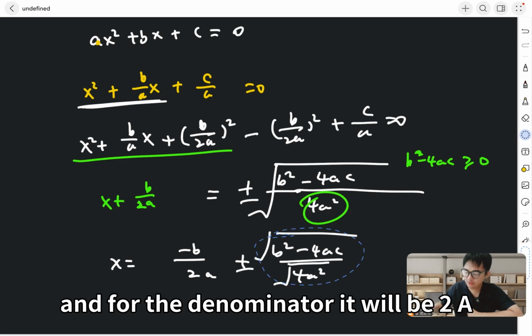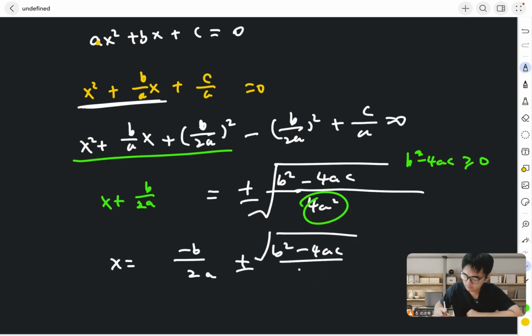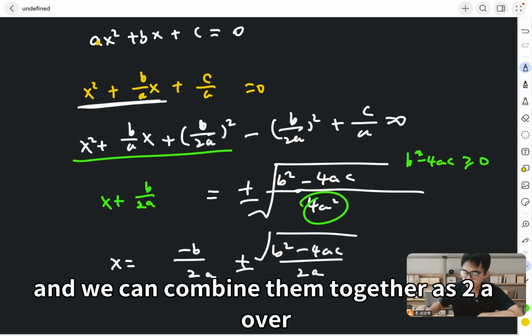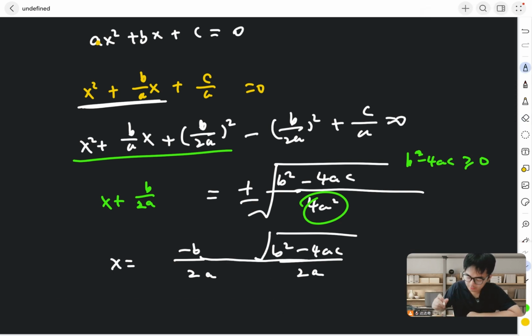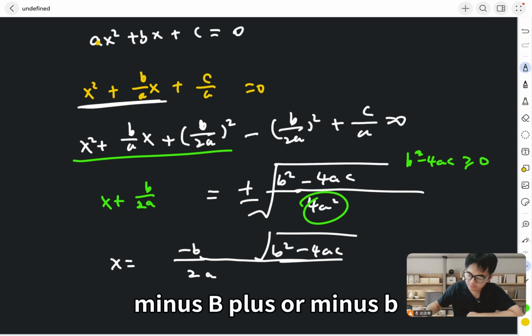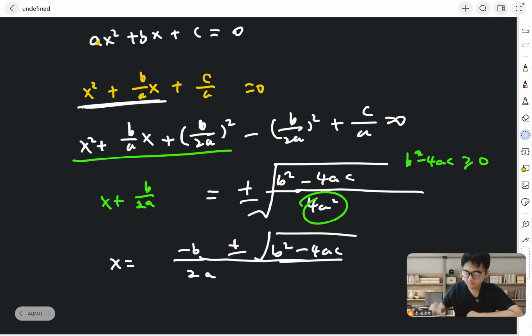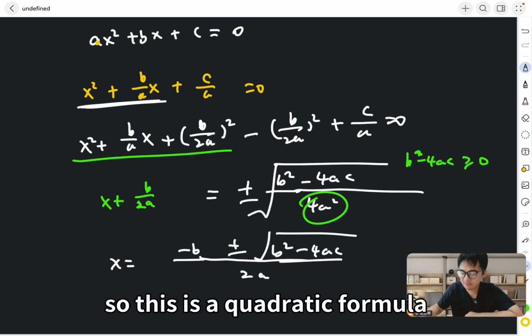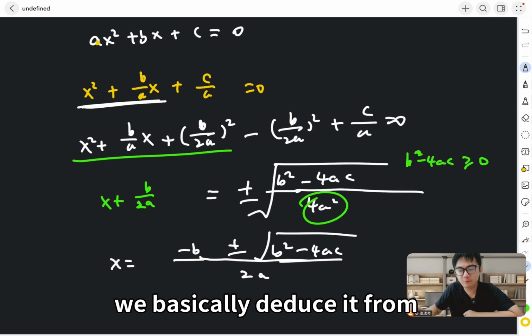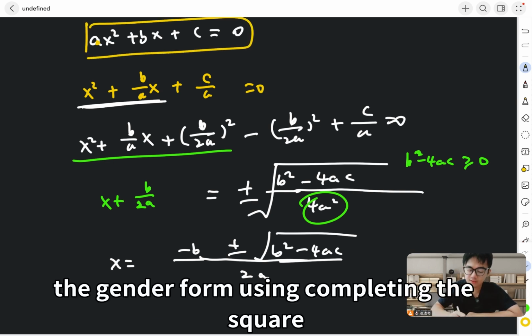And for the denominator, it will be 2a. And we can combine them together as x equals minus b plus or minus b squared minus 4ac to the power of 1/2, over 2a. So this is the quadratic formula. We basically deduce it from the general form using completing the square.